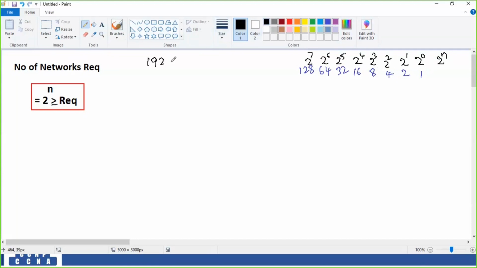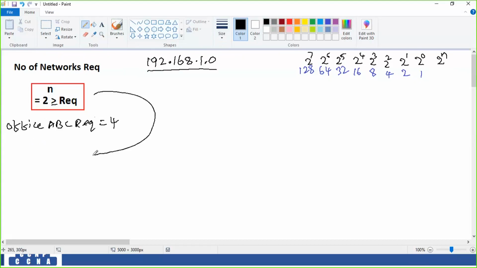Our base example we are taking is 192.168.1.0, for Office ABC. The requirement is how many networks? 4. Now implement the formula as it is. 2 power n greater than or equal to the requirement, which is 4. So what n value will be satisfied? 2. 2 power 2.